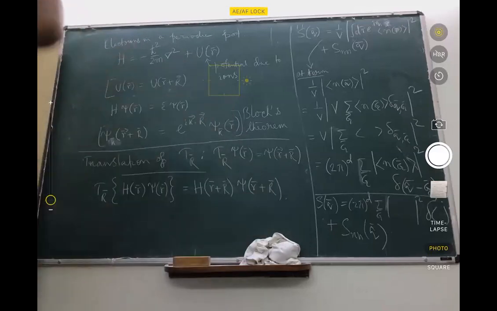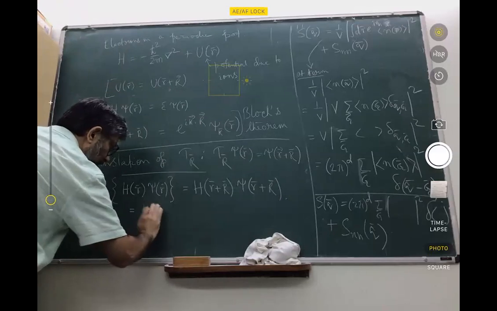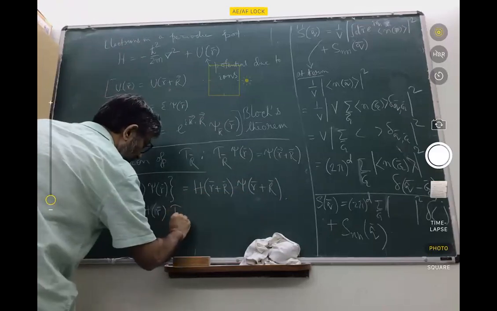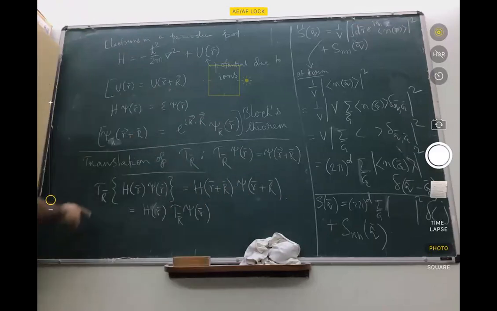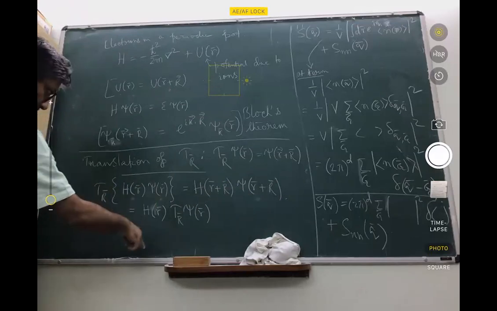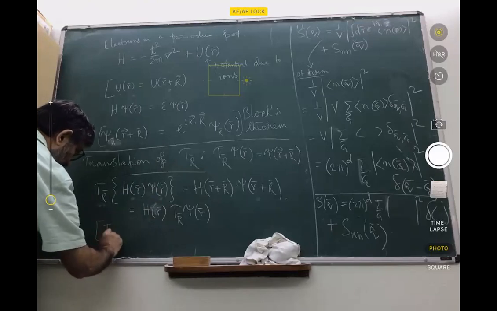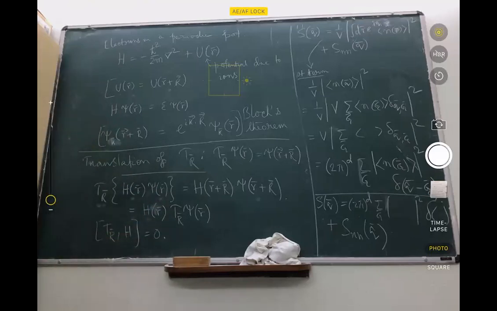Now, the Hamiltonian has the same periodicity as the Bravais lattice, so H of r plus R equals H of r. Basically what I have is T of R H acting on psi is H T of R acting on psi. So that is a condition that we have found.